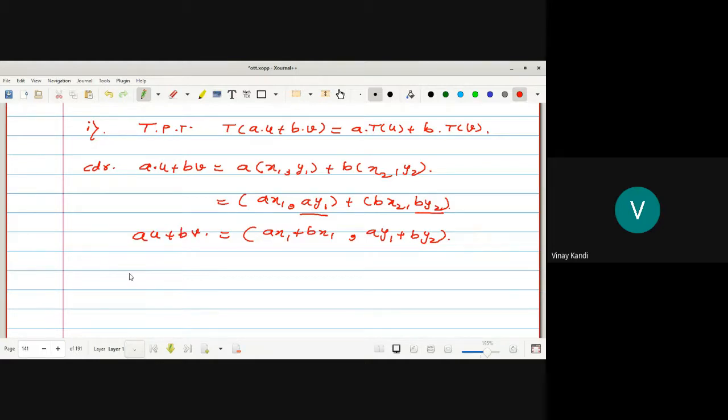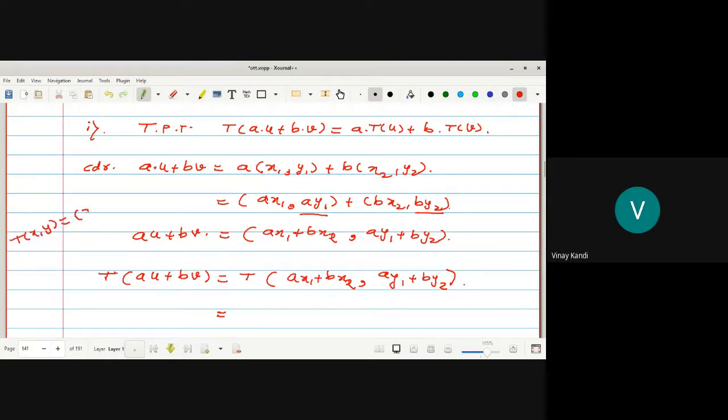Now apply T on both sides. T of au plus bv is equal to T of (ax1 plus bx2, ay1 plus by2). But what is T of (x, y)? It equals (x, 0).